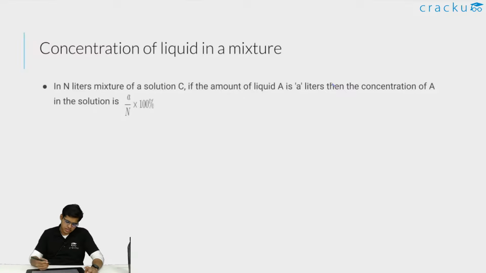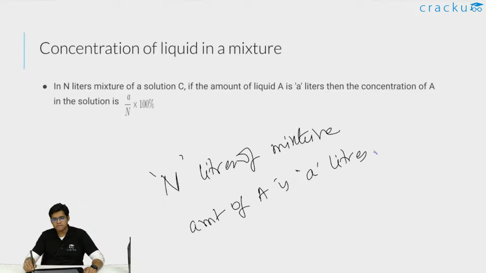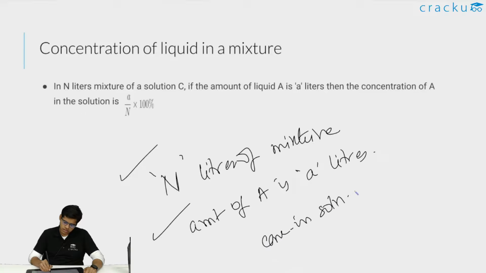Basically what this means is, say we are having n liters of mixture of a solution C. Now in this n liters of mixture, the amount of A is A liters, then what is the concentration in the solution? Concentration in the solution will be this amount of A divided by total volume into 100%.